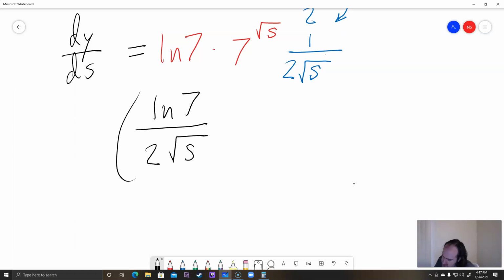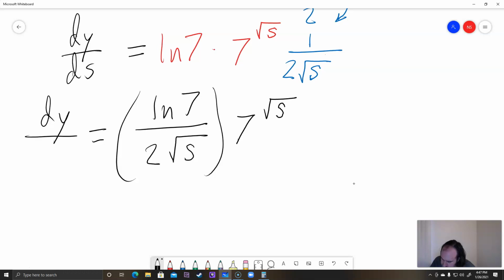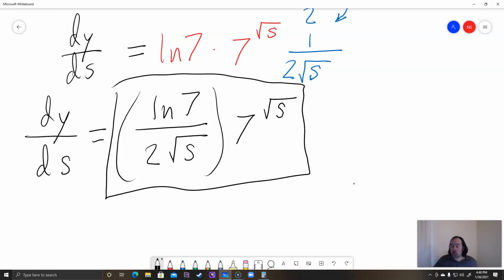They write that as a fraction, put parentheses around the fraction, and then bring the 7 to the root s out front. So there's our dy ds. I really hate s's because I always make them look like 5s and then I have to fix them. But that's our final answer: the quantity ln of 7 over 2 root s times 7 to the root s.